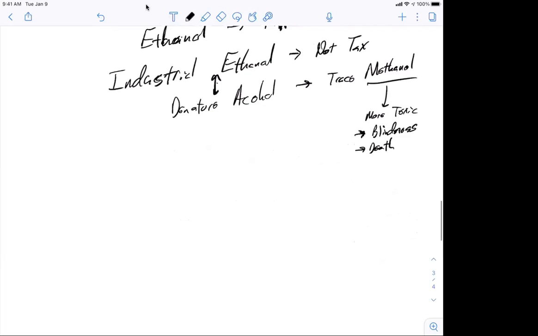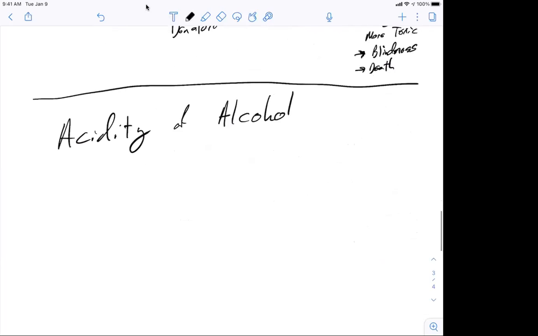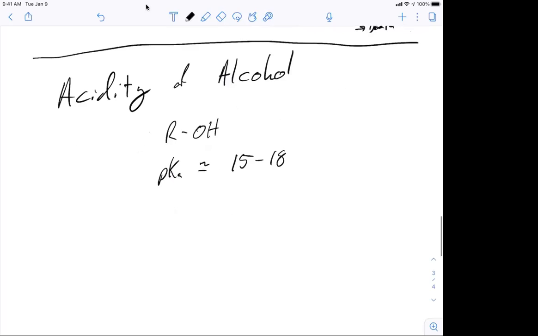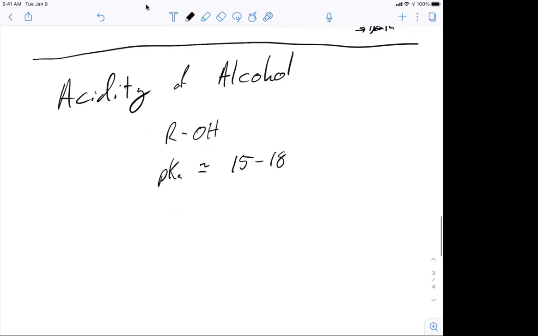Okay. So let's look at acidity. In general, alcohols usually have a pKa between 15 and 18, right? And so we'll look at how those change, but that's the range. And remember, water was 15.7, right?